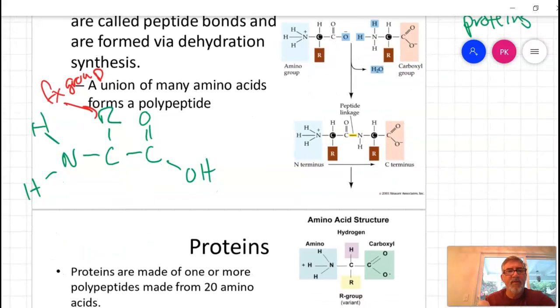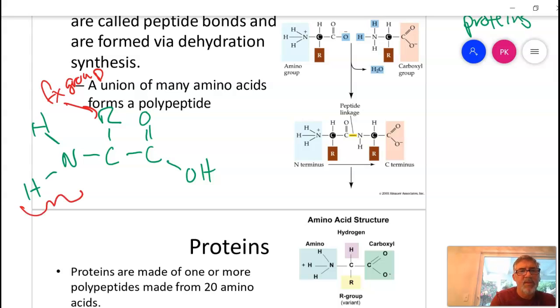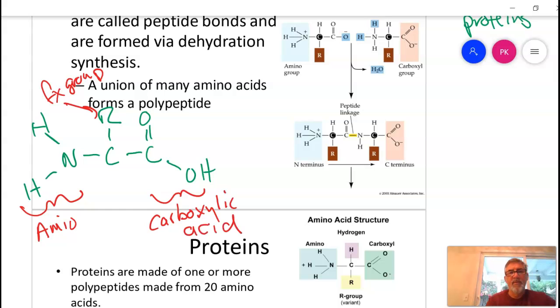This over here, bring it down. This is an amino group. And that's what they call an amino acid, because it has an amino group, right? It has a carboxylic acid group, and this is called the alpha carbon. That's a symbol for alpha, and that's where the functional group is.